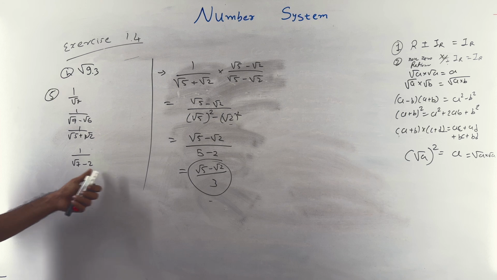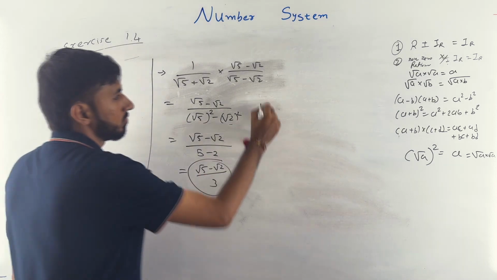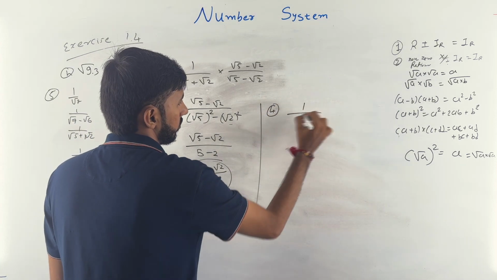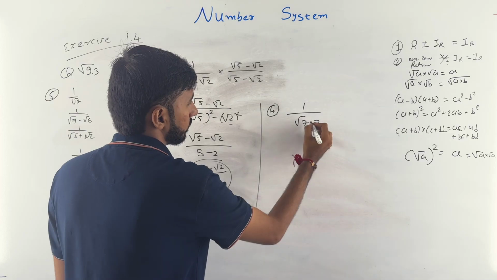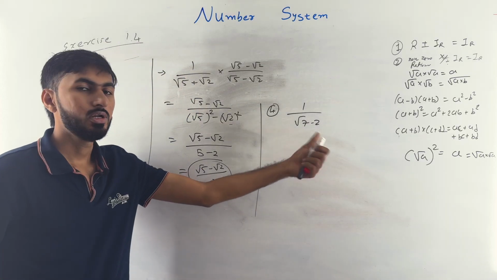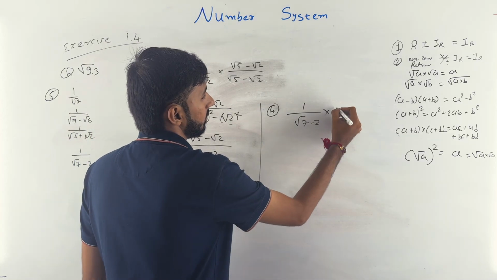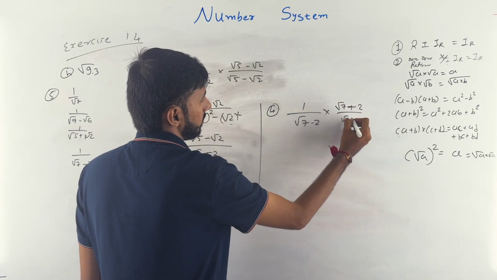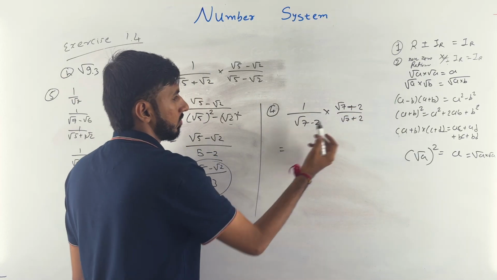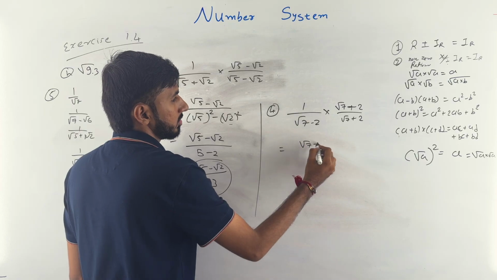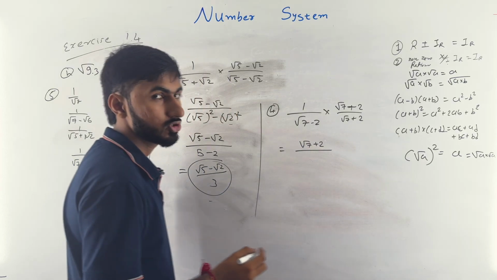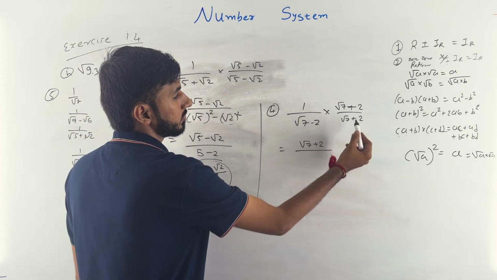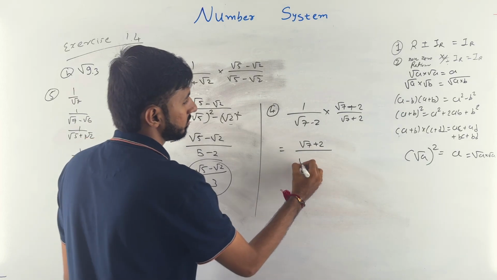Now fourth is 1 upon square root of 7 minus 2. Here we have a binomial, so we will multiply and divide it with the conjugate of that number. So just add a positive sign between them. Now in the numerator there is nothing to change, so square root of 7 plus 2. In the denominator I have a minus b multiply a plus b, that is a square minus b square.